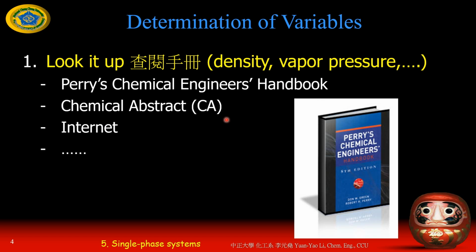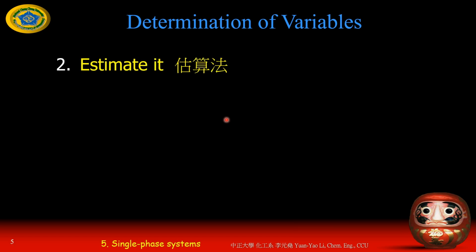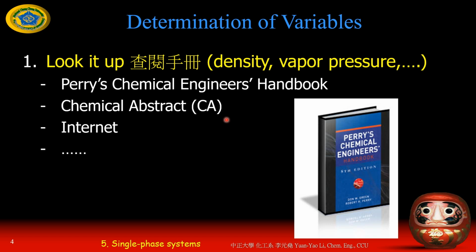You just use your hand and type. That's easy, okay? Very easy. So the first one is, if you can get the information from a book, that's good, right?